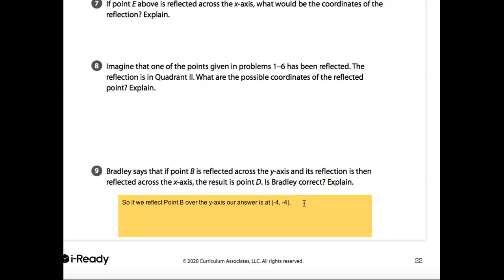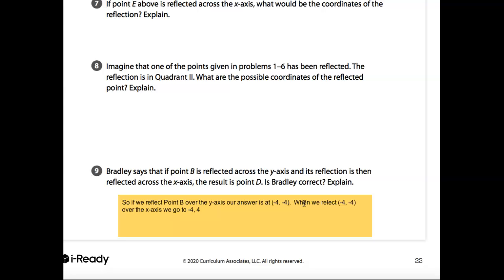Then we reflect that point over the x-axis, so we go to -4 across and up to +4.